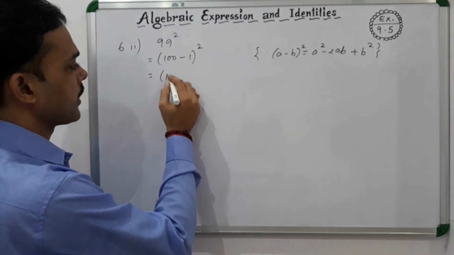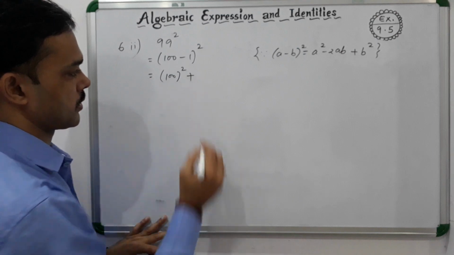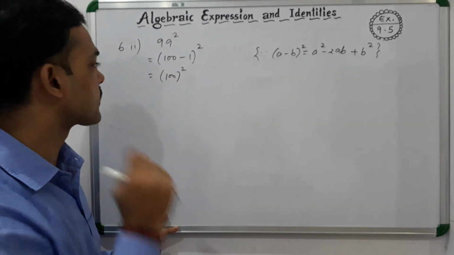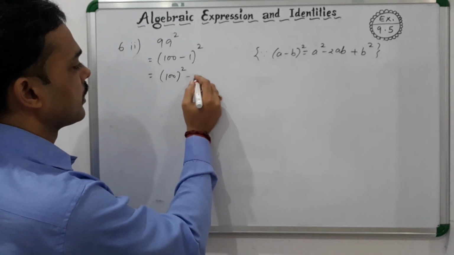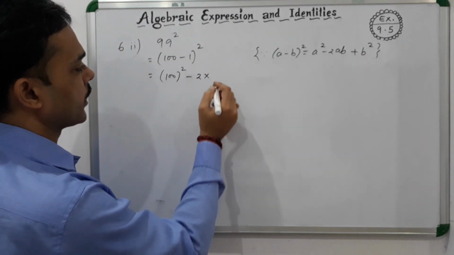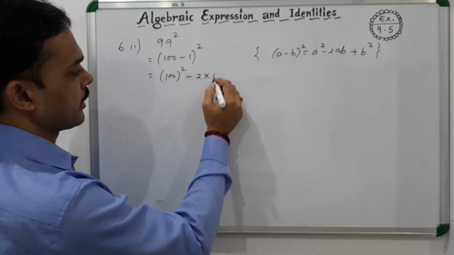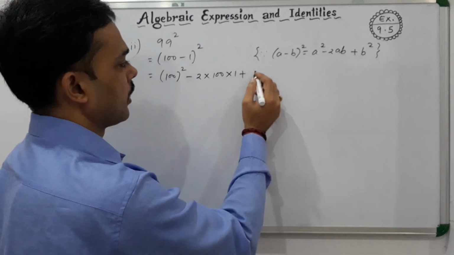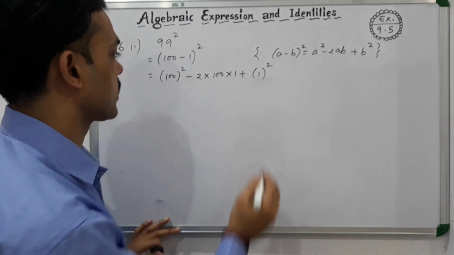So a square means 100 square, minus 2ab, 2 into 100 into 1, plus b square means 1 square.